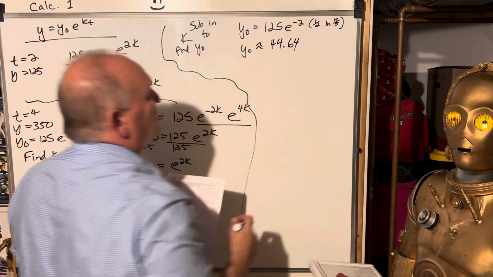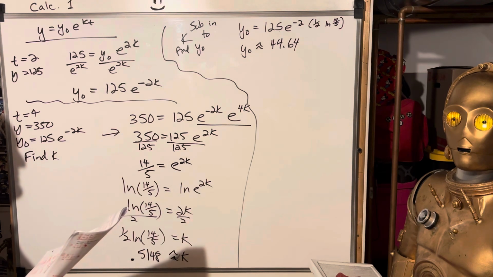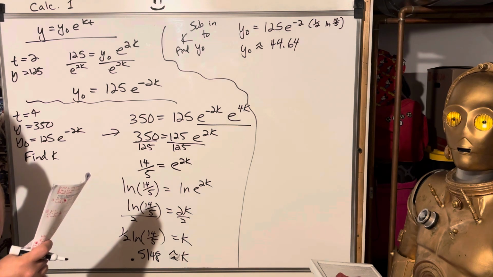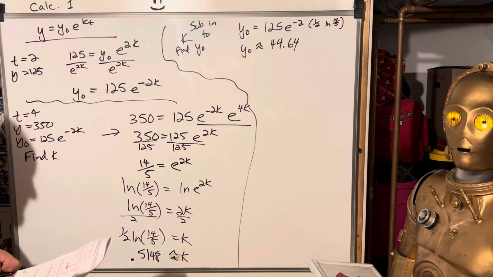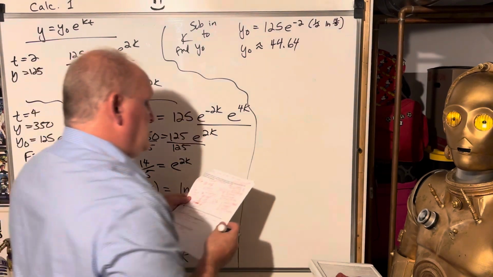And a microbiologist in a class said that you can't have pieces of a bacteria, so we won't round it to 45. We'll call it 44.64 bacteria. All right, so now we have a particular solution.